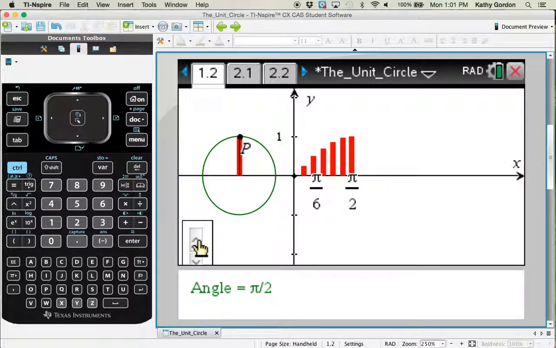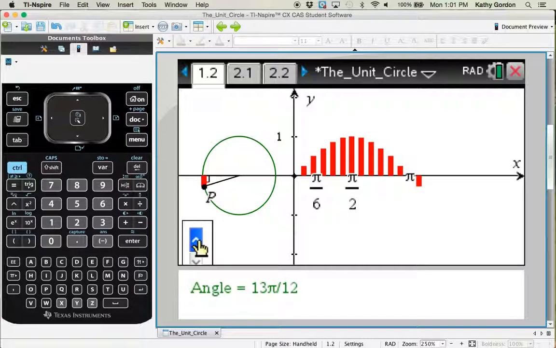And you can see how as I rotate around, that y value on my point gets bigger and bigger until I get to this angle, pi over 2, because this is my maximum distance away from the x-axis that I can get. And as I continue to rotate around, we can see now that the y values start getting smaller and smaller until I'm back over here at pi on the x-axis.